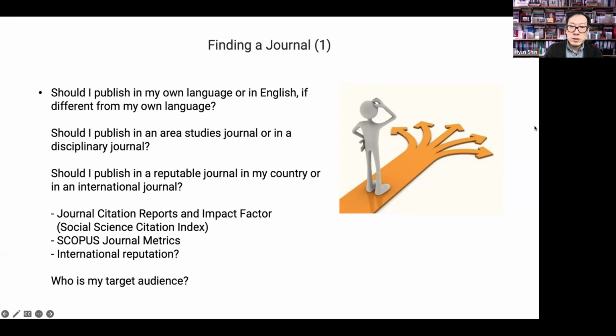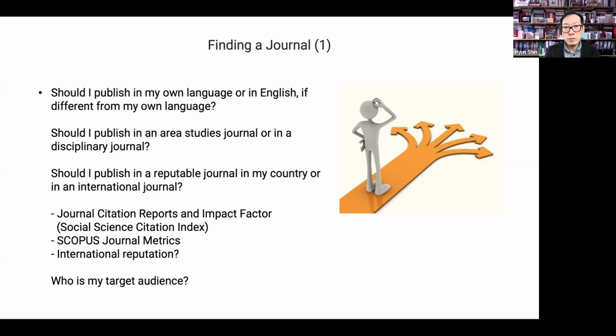There are also a few considerations, sometimes very practical ones, such as looking at the journal impact factor released by the Social Science Citation Index, run by Clarivate. It's also useful to consider Scopus in journal metrics.